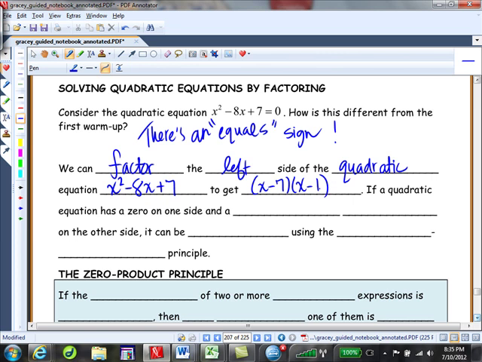If a quadratic equation has a 0 on one side, and by the way, can I just emphasize that? 0 on one side and a factored expression on the other side, it can be solved using the zero product principle.